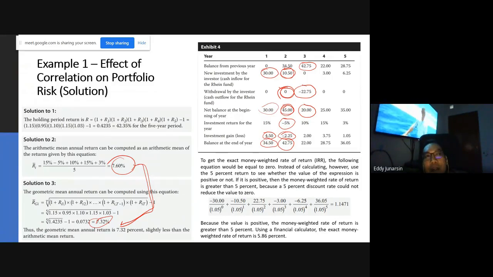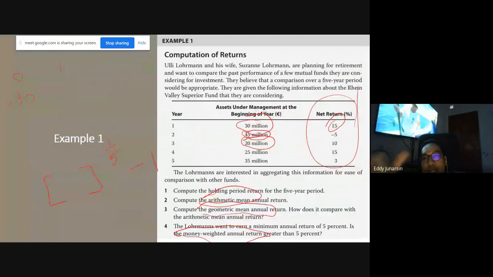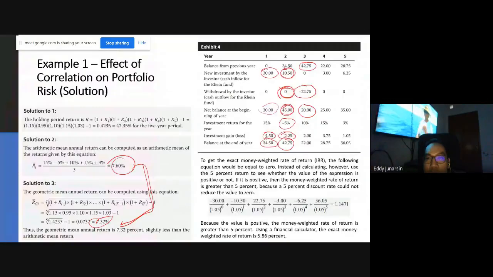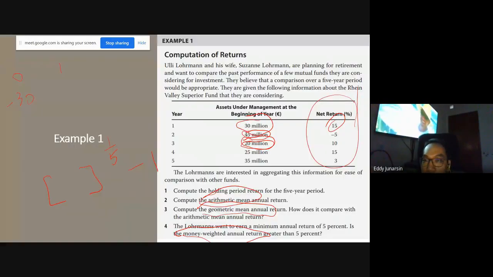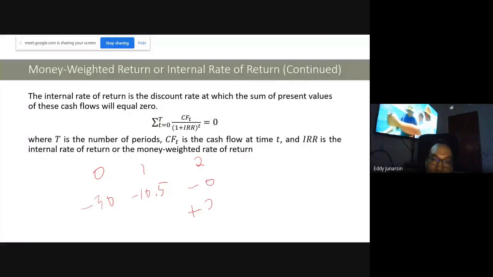Because at the end of year 2 we had 42.75, but the information told us that at the beginning of year 3 we only had 20, meaning that there was a withdrawal of 22.75. And so we wrote down first, no new investment at the end of year 2, but we withdrew how much? 22.75.